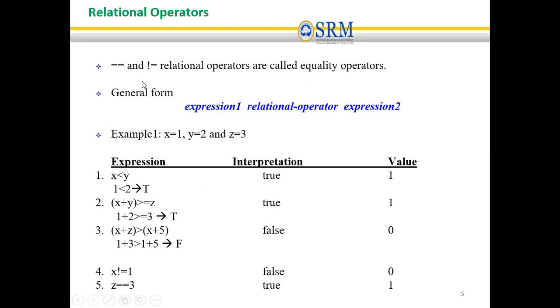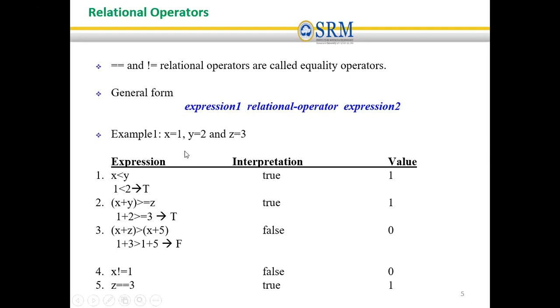The last two operators, equal to and not equal to, are called equality operators because these two operators are actually used to find the equality between the operands. The general form of the relational operator is expression 1, relational operator, and expression 2.